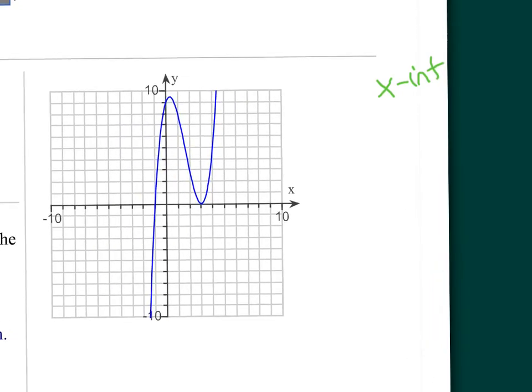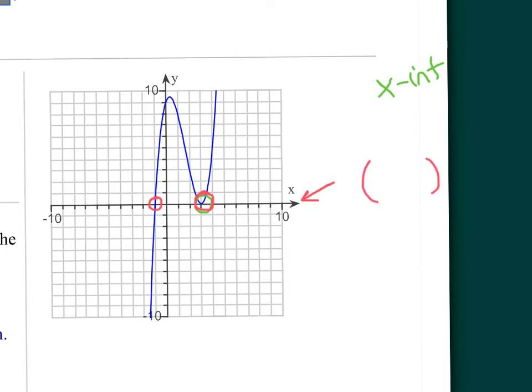So the x-intercepts are going to be that point right there. Let's use pink. That point right there where it intercepts the x-axis, and also that point there where it crosses the x-axis. So you just need to know what those points are.